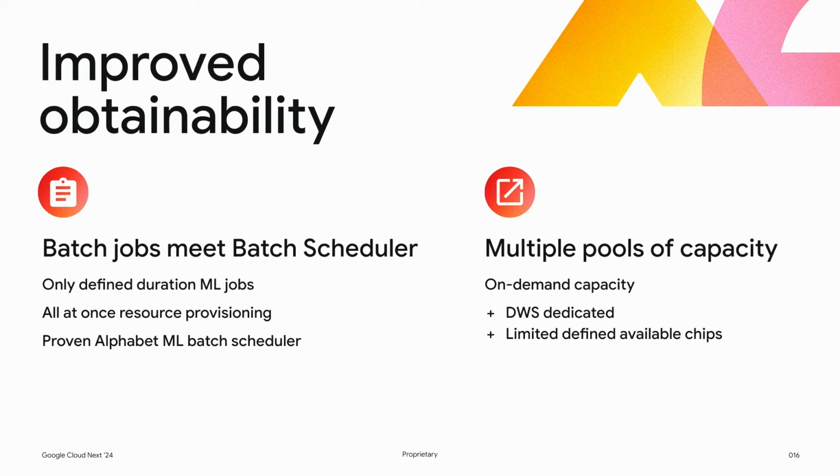On the demand side, we actually took a pretty cool feature, which is an Alphabet ML scheduler that we've been running internally with millions of jobs that we provision, deprovision, reprovision, and we brought that amazing technology into GCE. It's a proven scheduler that has a lot of pretty cool scheduling functionality that we are bringing now to GCE customers. And the demand that DWS handles is basically defined duration batch jobs.